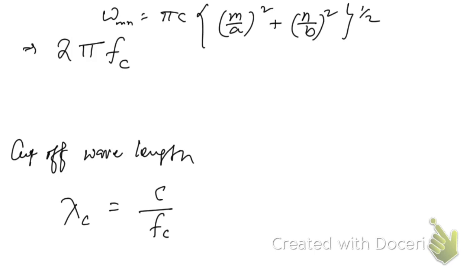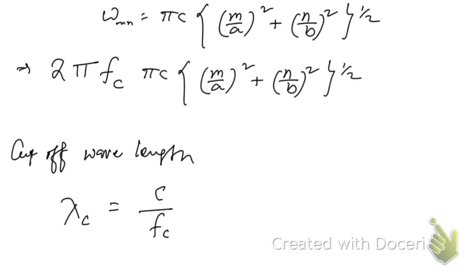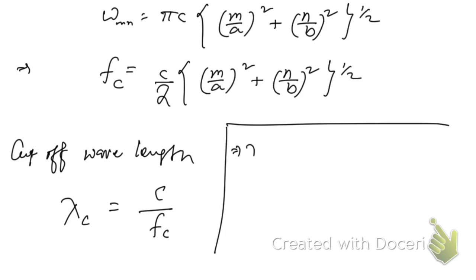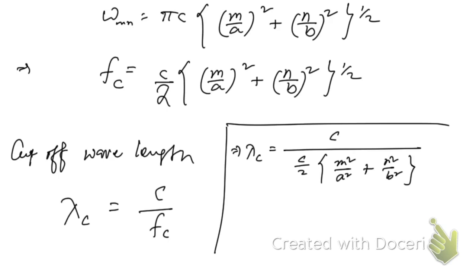If that is the case, then we can write this equal to this one, and from here let us obtain fc. So here pi will be cancelled, then this 2 comes here, so c by 2, that's why fc is equal to what we have got. Now let us put this fc here, then we get the cutoff wavelength: lambda c is equal to c by 2 root over m square by a square plus n square by b square, whole to the power half.